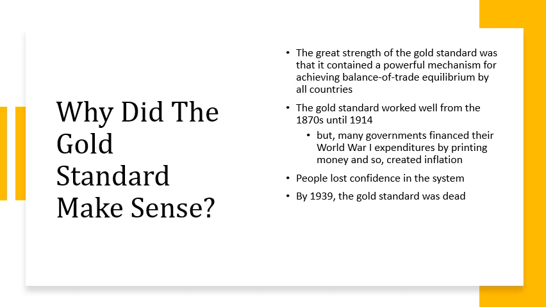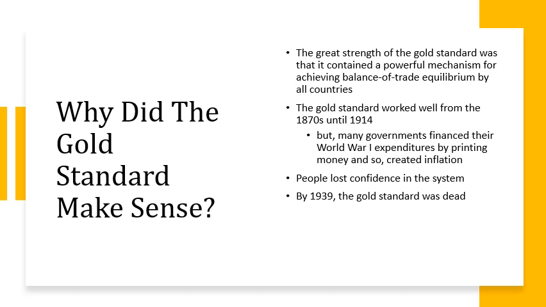In the initial stages, we saw that the gold standard worked quite well from the 1870s until the 1940s. The 1940s was the time of the First World War. It was used till that time, but many governments financed their World War One expenditures by printing more money and created inflation in their country because they needed to pay for equipment, warheads, arms and ammunition and so on.